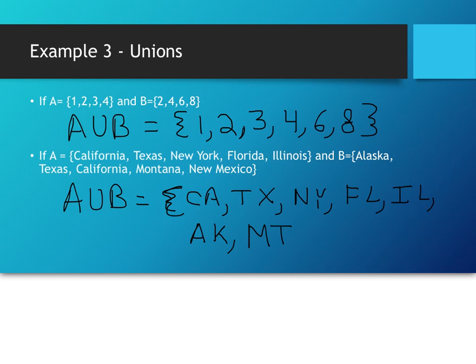Montana. And New Mexico. So notice we didn't have to write California or Texas twice because they're in there once already. So this set, the union, is the set of these 8 states.